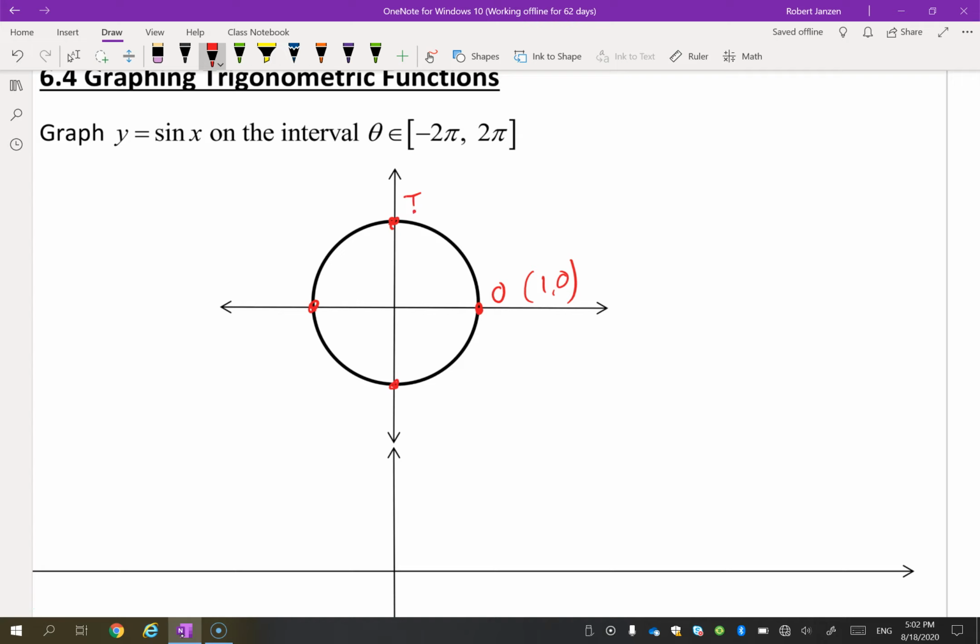At pi by 2 radians, what is sine? Sine is 1. Remember, this is cosine, and this is sine. At pi, sine is 0 again. At 3 pi by 2, sine is negative 1.